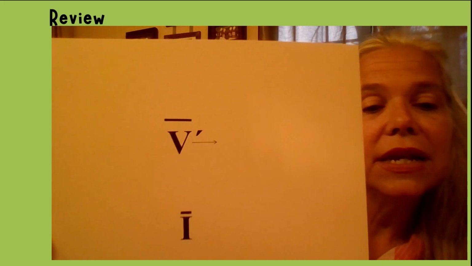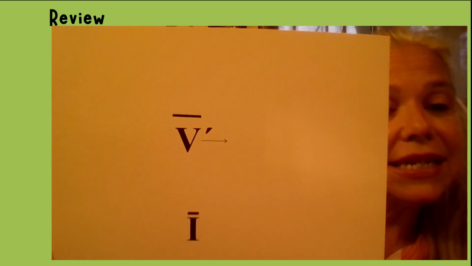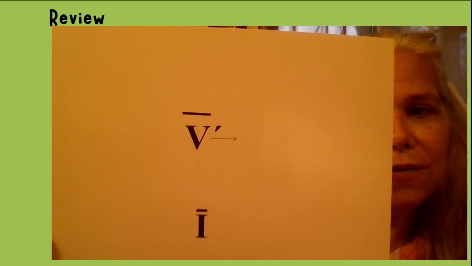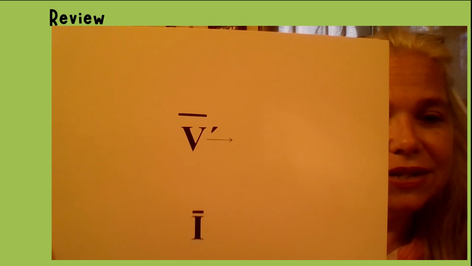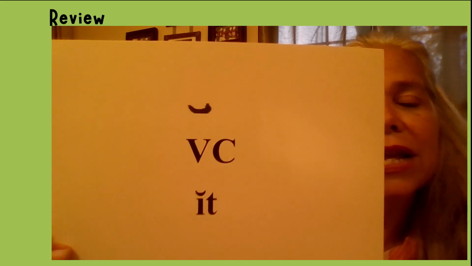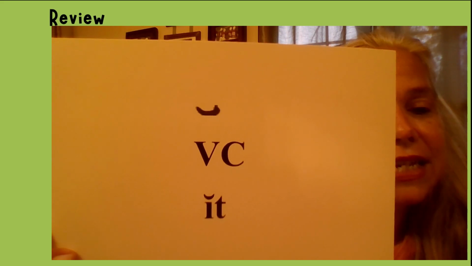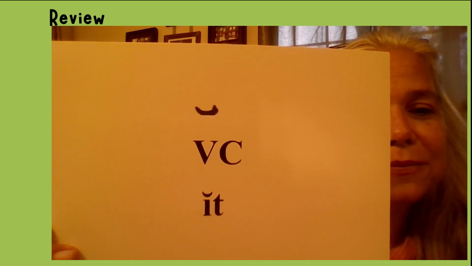A vowel in an open accented syllable is long, coded with a macron. A long vowel sound says its name. A vowel in a closed syllable is short, coded with a breve. This is the short vowel sound.